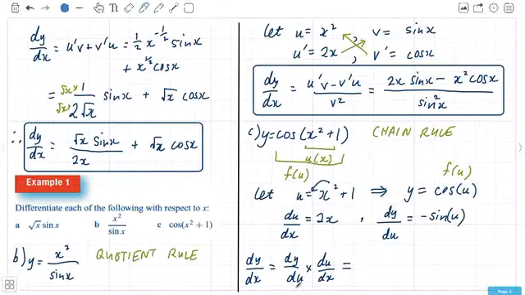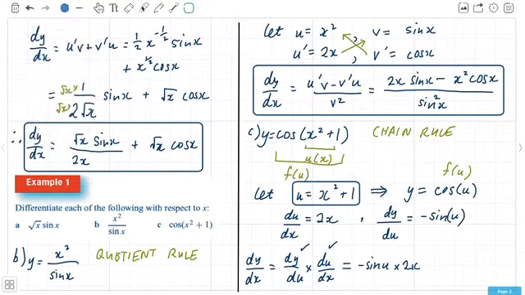We know that dy/du is negative sine u, and we know that du/dx is 2x. So we've put them both in. Now that looks really weird because you've still got a u in there. The key thing with these questions is at the end you want to do a final replacement, which is to replace the u back into your answer, because it doesn't make sense to give an answer that has u in there.